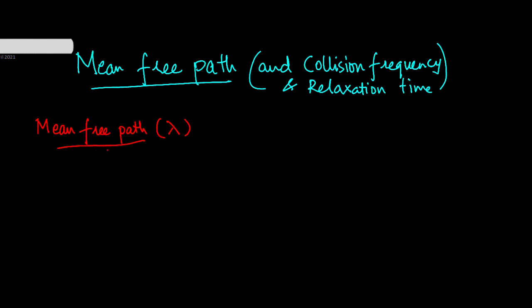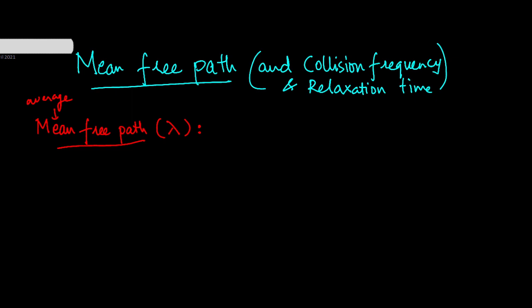Mean means average. In your book it is L, no problem. L is actually a very confusing symbol, don't you think? We use L in so many places. Let's use lambda. So average of free path.